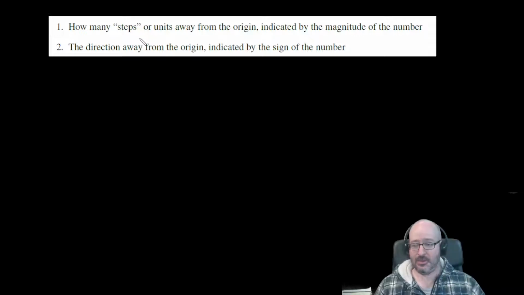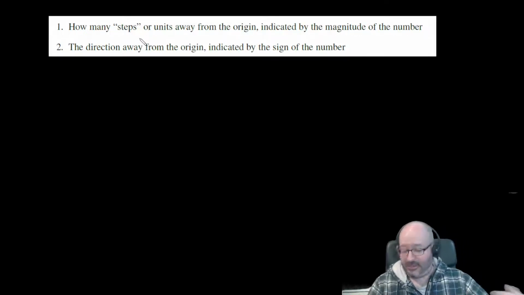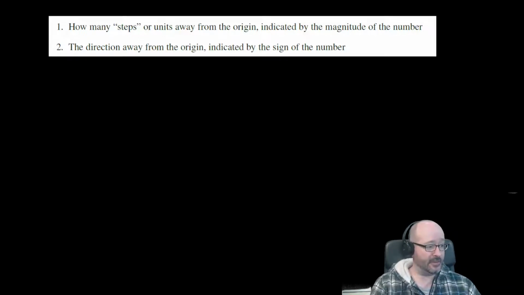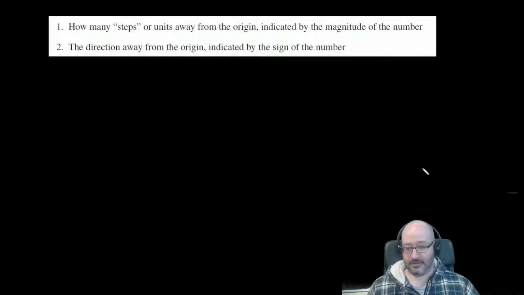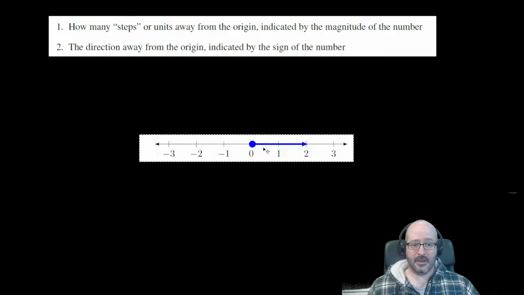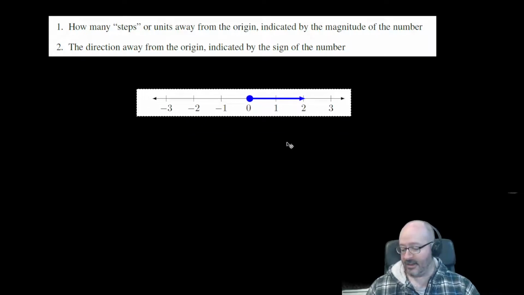Those are the two things that we're representing with a number, and we start out doing this on a number line. So if you have +2, you might represent it on a number line as this vector.